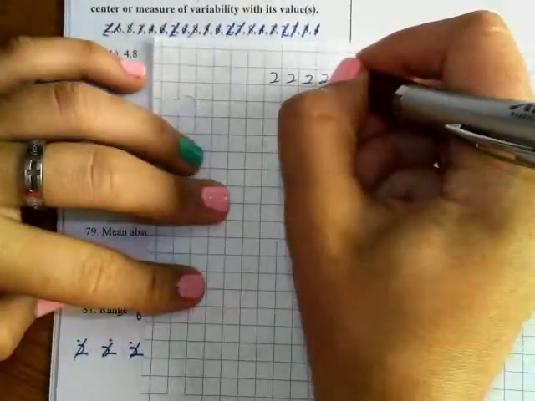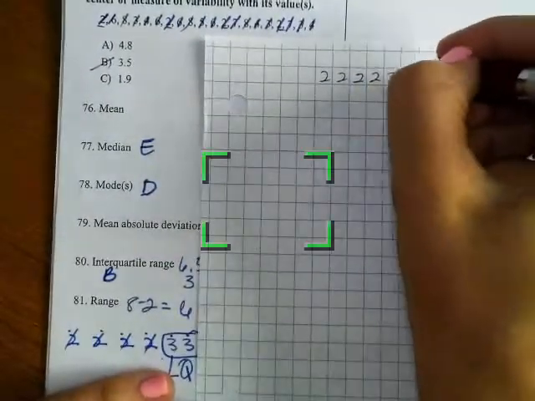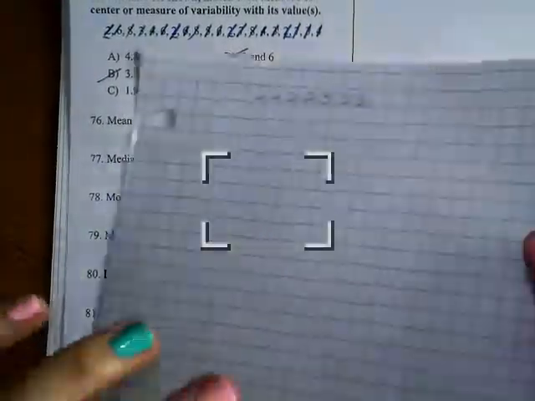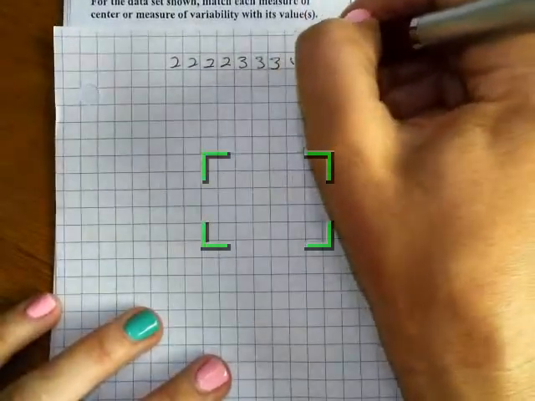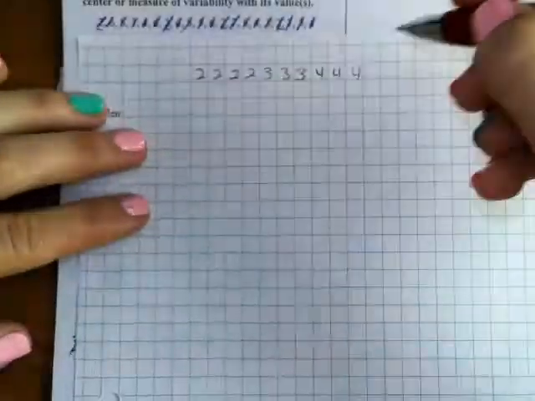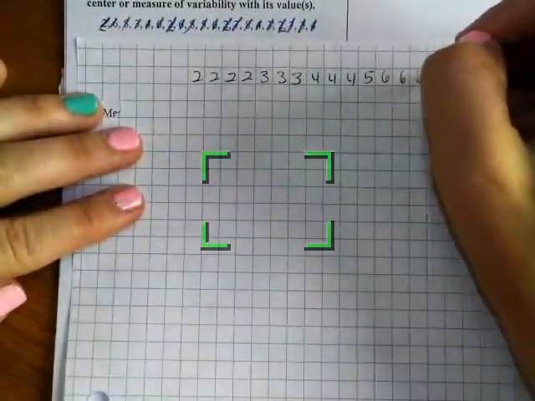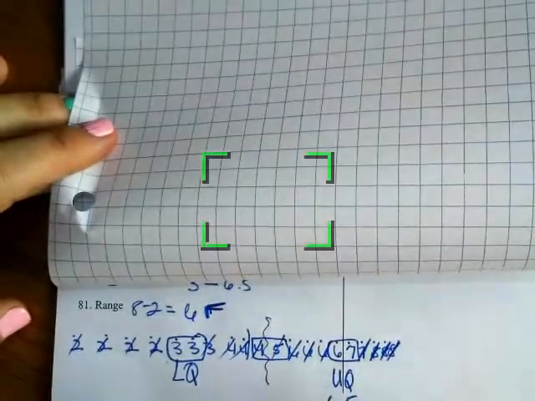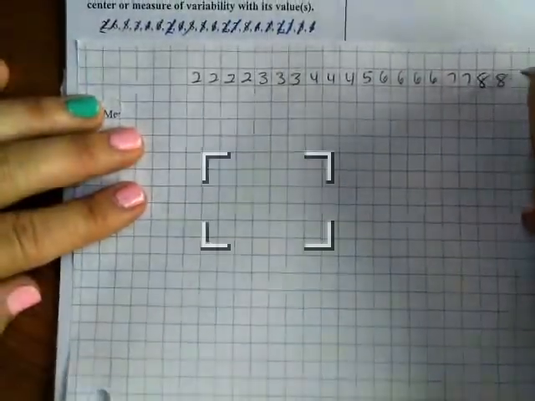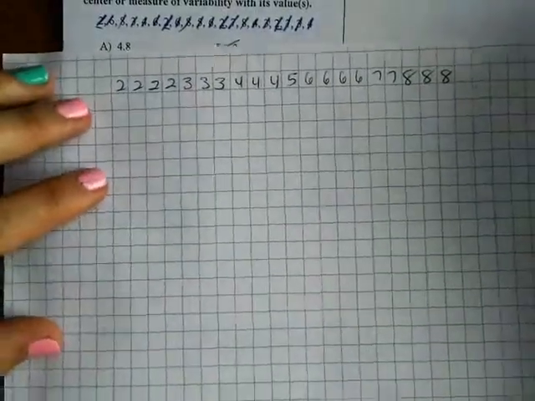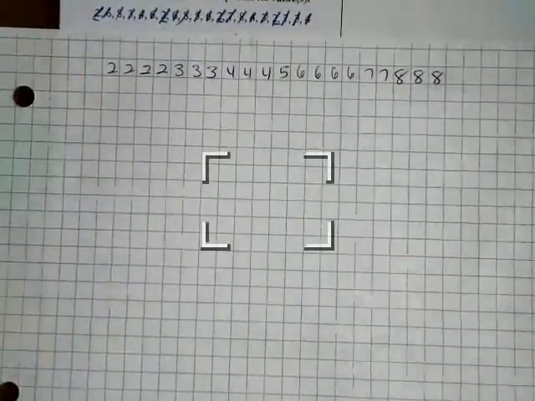I believe there's 4 2s, 3 3s, 3 4s, a 5, 4 6s, 2 7s, and 3 8s. Okay, so that's your data points right here.